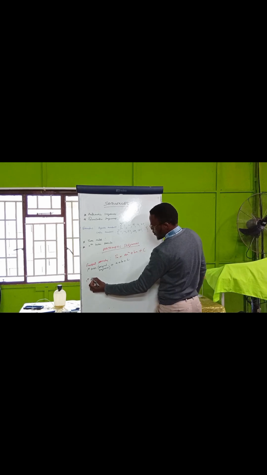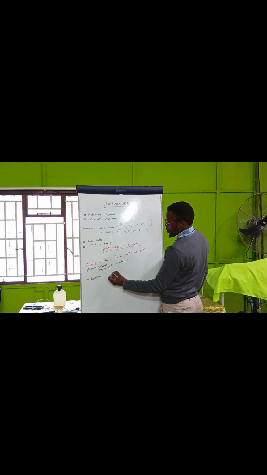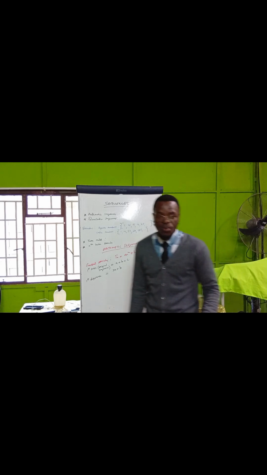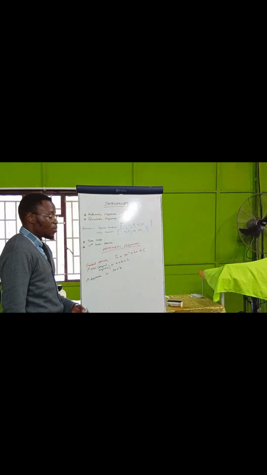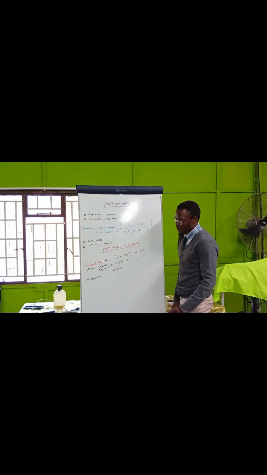The first difference is equivalent to 3a plus b. If you like, I can even show you where this comes from. But these are the expressions that you would have to recall in order to solve a quadratic sequence.